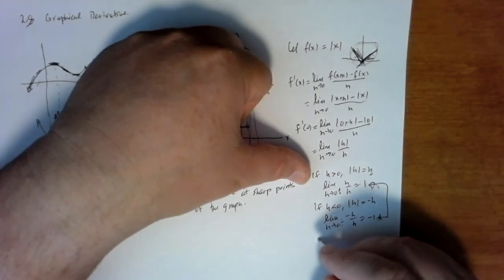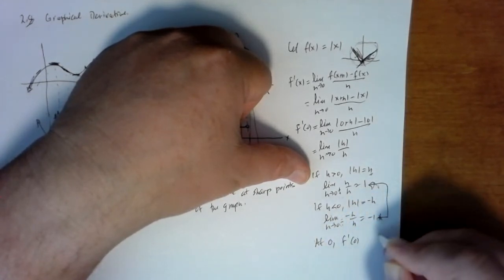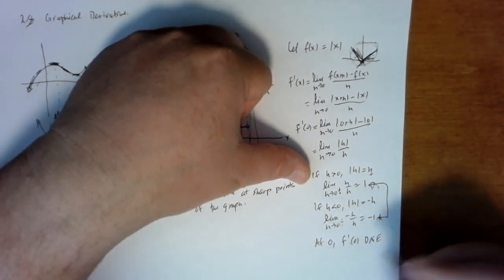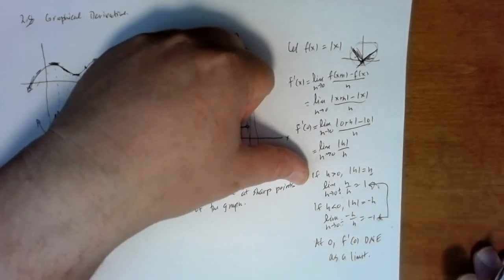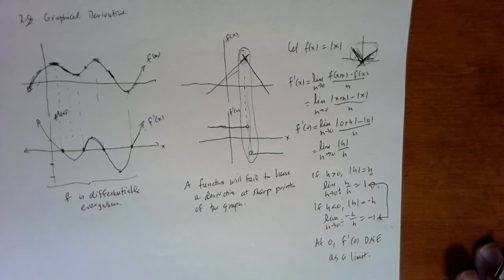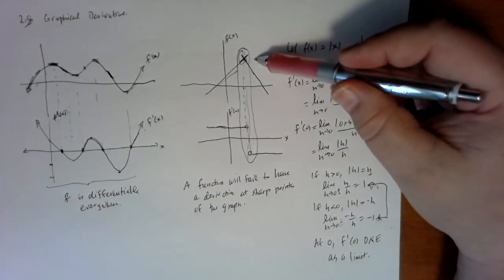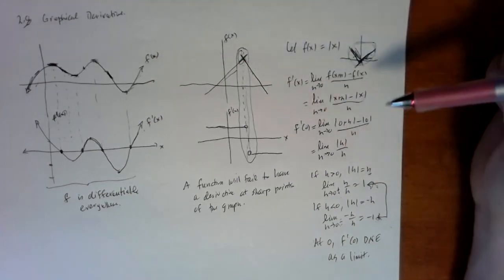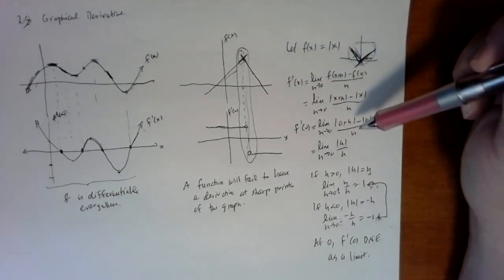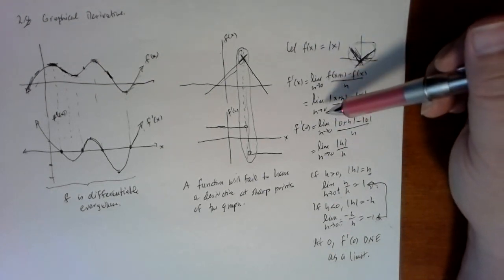Therefore, f prime of 0 does not exist as a limit. The limit depends on which direction you're coming from. That's why geometrically, a function that has a sharp point is not going to be differentiable at that point, meaning that the derivative will fail to exist.